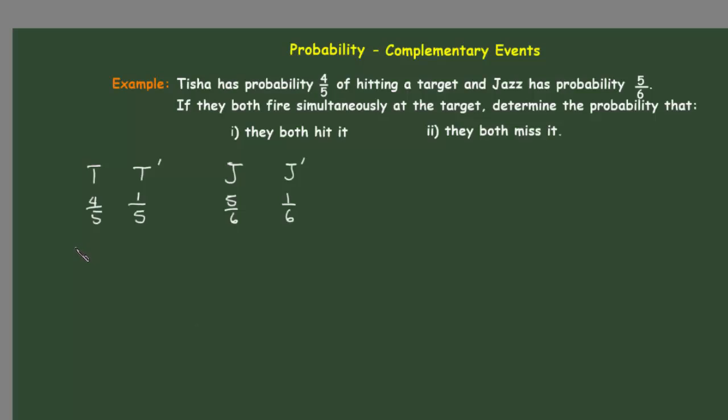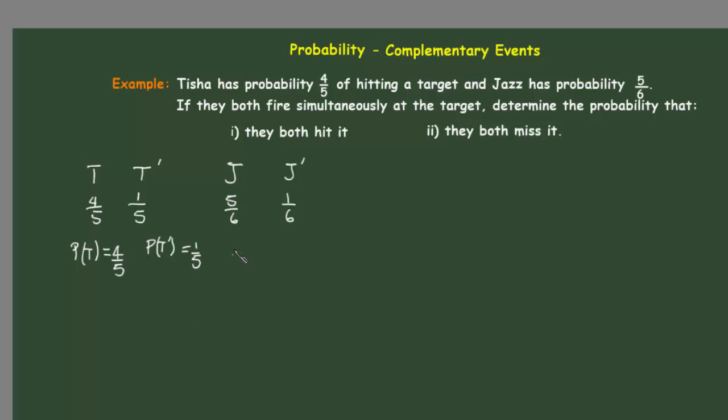Now we can write the probability of Tisha to hit the target. Let us say P of T will be 4/5, and the probability of the complementary event, T prime, will be 1/5.